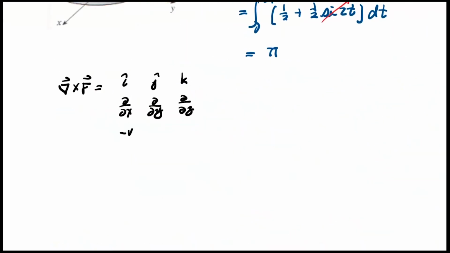So we have negative y squared, x, and z squared. Let's take a look at what this thing is. So with the i vector, this way is 0, and that's 0. So we have 0 i vector. j vector, negative, this thing is 0, and that thing is 0. So 0 j vector. k vector, we have 1. And this way, plus 2i.